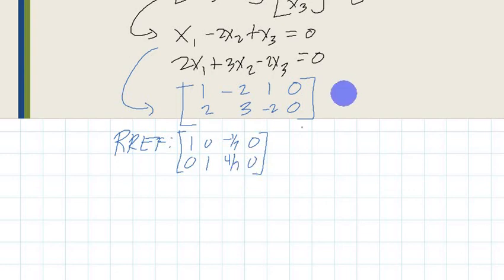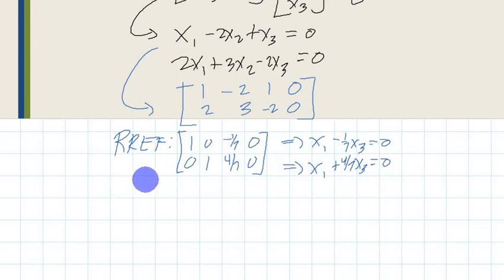This would mean that I'm going to have the equation x sub 1 minus 1/7 x sub 3 equals 0, while here x sub 2 plus 4/7 x sub 3 equals 0. So therefore, the non-trivial solution of this system can be seen as x sub 3 equals t, where t is an element of the set of real numbers. x sub 1 is equal to 1/7 t. This should be x sub 2.